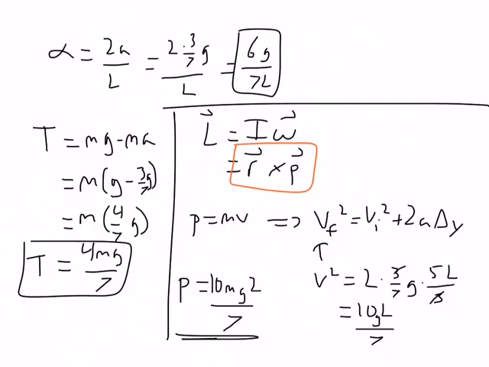And so I'm going to go to another page. So now we need to draw a little bit of a picture. So our hoop, so the cat grabs on, right, so this distance right here is 5L over 3. Point P is right there. This is a distance L over 2.